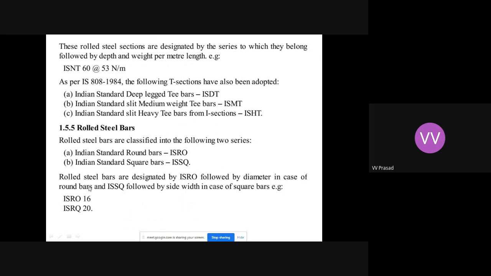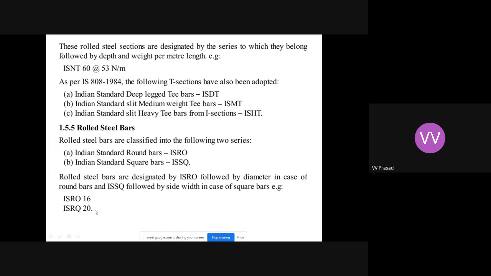Next, steel bars are also there. Steel bars are also very useful in steel constructions, that is ISRO, Indian Standard Round bars, and second one, Indian Standard Square bars, ISSQ.